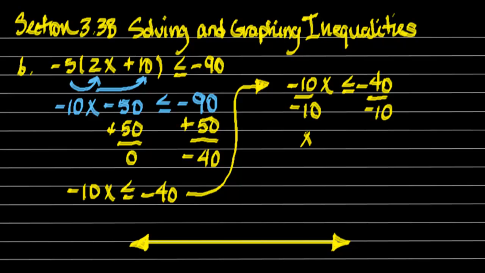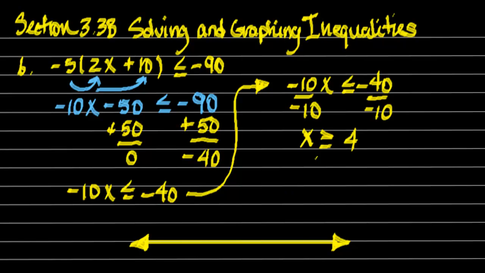So that ends up being 1x, or just x, is less than or equal to 4. Now, because I divided by a negative number, I have to switch this inequality. So that inequality now needs to be greater than or equal to.